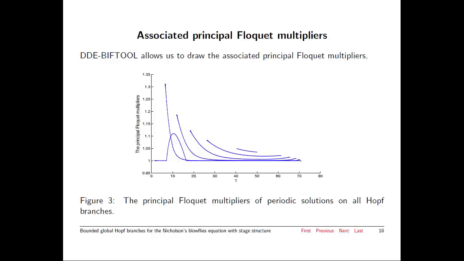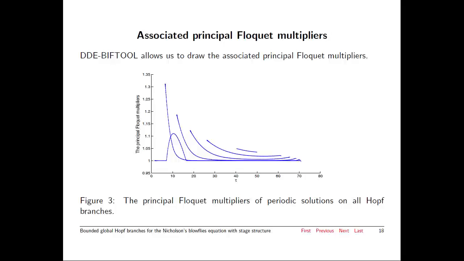For this graph, maybe you cannot see clearly, but from the third global Hopf branch, the third, the fourth, the fifth, and the sixth, the principal Floquet multiplier is always larger than 1. It means the periodic solutions on the last four global Hopf branches are always unstable.